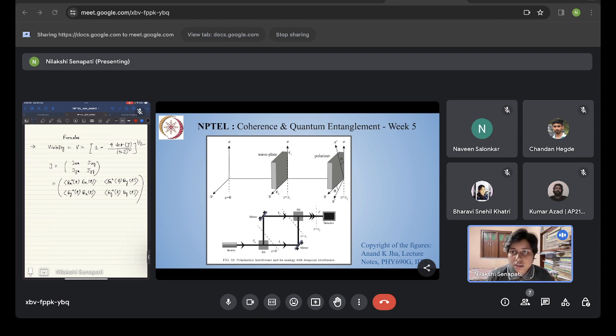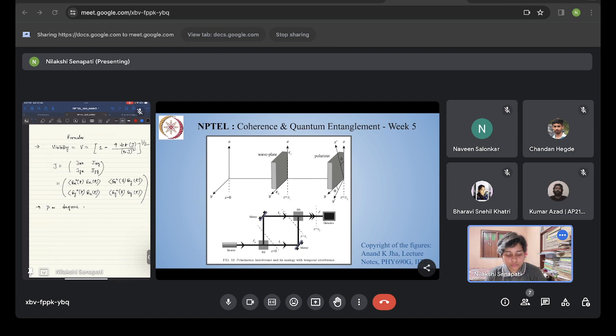You have also learned about completely unpolarized field, how to represent that in terms of the J matrix, and how to represent the polarization matrix also in terms of J. And the degree of polarization can be written in terms of P, which is directly equal to V, that is visibility.